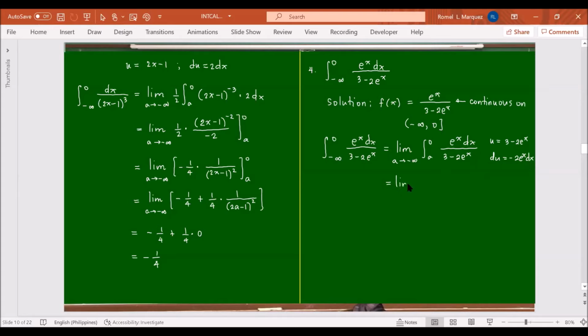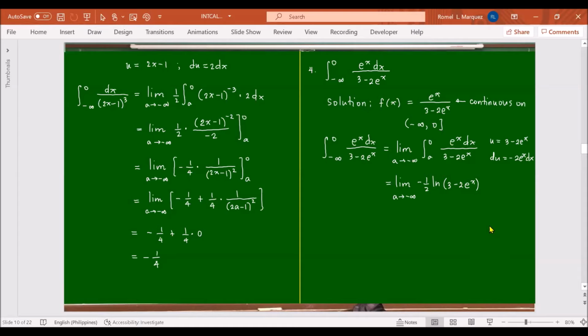So getting the limit as a approaches negative infinity, I will put negative 2 balanced by negative 1/2 to get what? ln of 3 minus 2 e to the x. Okay? Now, in this case, do we need absolute value, guys?